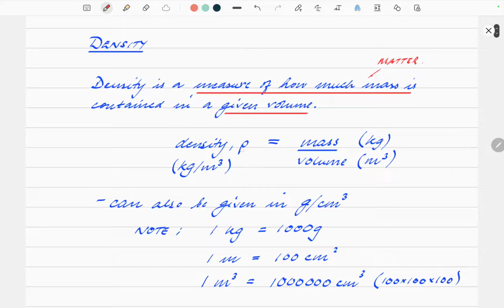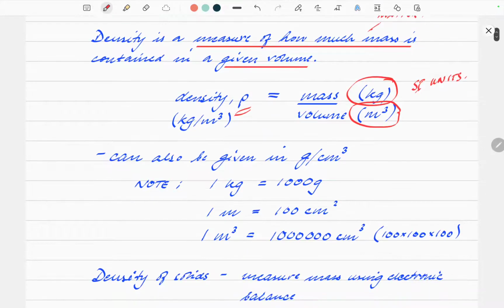So density, the symbol for it is the Greek rho, is mass divided by volume. In SI units, as I'm sure you all know, mass is always in kilograms and volume will be in cubic meters. So the units of density are kilograms per cubic meter.